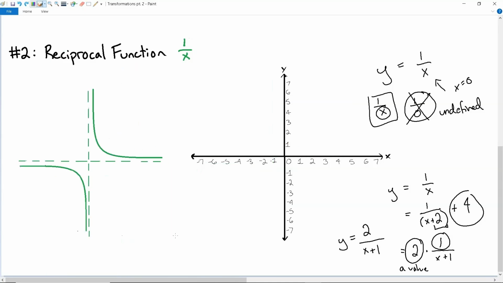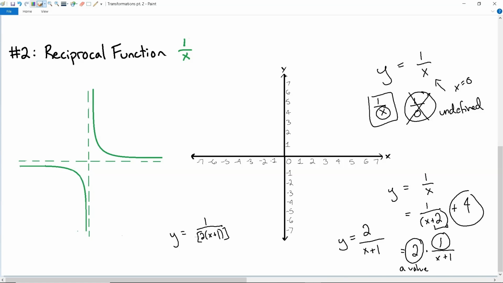Now it is possible to have a b value on your rational or reciprocal function. It could kind of look something like this. So we have a 2 applied on the denominator, but the reason why it's not very common to show a b value with rational functions is because it's probably easier just to use an a value.